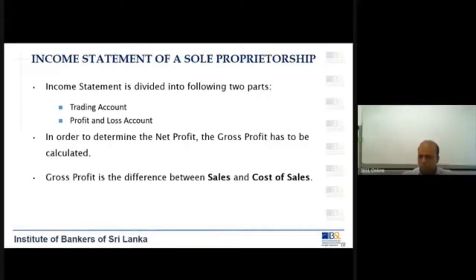Say, for example, you are selling 100 units. So your sales actually will be 100 units times the selling price per unit. Now, what is cost of sales? Cost of sales will be the cost involved in producing those 100 units.